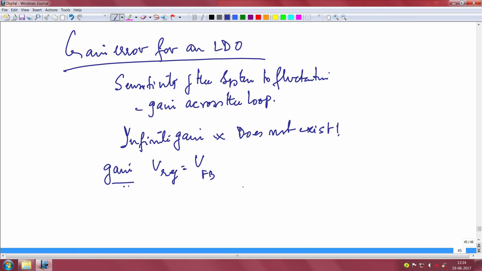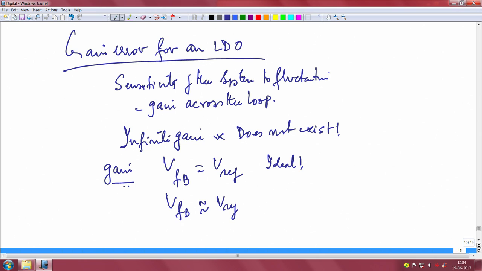Any error that you are not able to correct becomes an approximation. So it is good to put it the other way: the V feedback ideally should be trying to match Vref, this is ideal, but in reality it is close. This is the error in gain, that indeed is the gain error for an LDO.